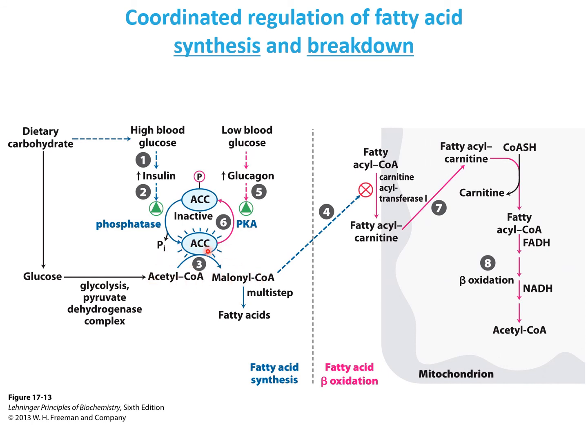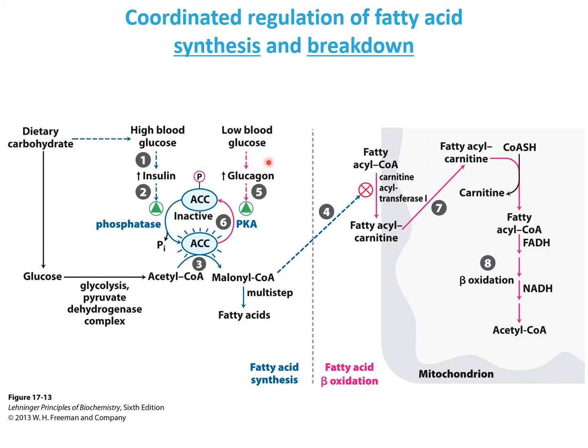This is the rate limiting reaction, and this will lead to storage of acetyl-CoA into fatty acids, and storage of energy in the form of fatty acids. So when these steps occur, malonyl-CoA is a negative regulator of beta oxidation.